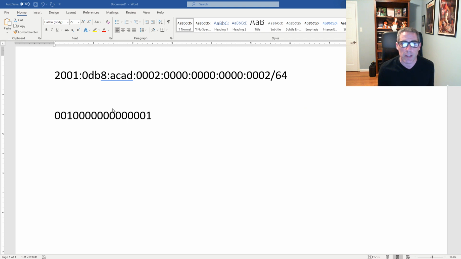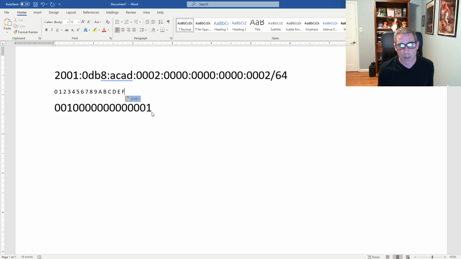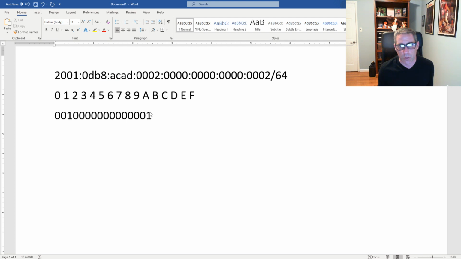Each one of these can be any of 16 possible values, ranging from 0 all the way through F. This is the way hexadecimal is represented because we run out of digits. We have 10 digits, 0 through 9, but we need to represent 16 things. So they move on to letters, A, B, C, D, E, and F. That is how hexadecimal works and why we use it. It just makes life a lot easier in terms of typing and reading.